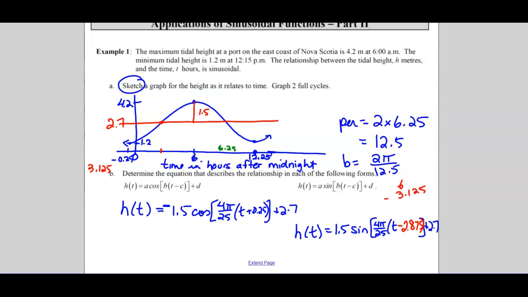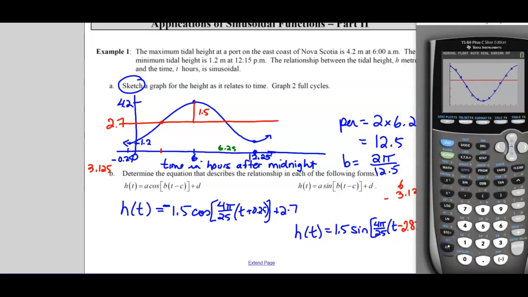Okay, how do you check your answers? Turn off your plot. Enter negative 1.5 cos. You can use the fraction, makes it a little bit easier so you don't mess up. Oh, wait, no, you're not right.